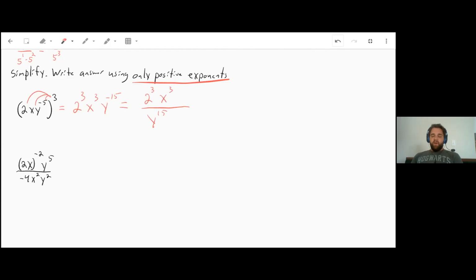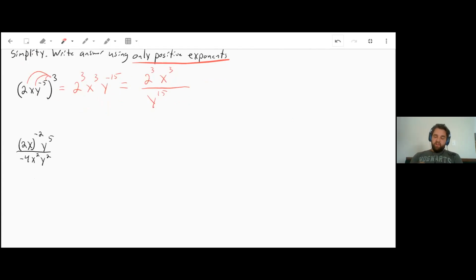Now let's go and try another one that looks more complicated. So just like last time, I will start out this time distributing that negative 2 into both parts. So we'll have a 2 to the negative second, x to the negative second, y to the fifth, over negative 4, x squared, y squared.